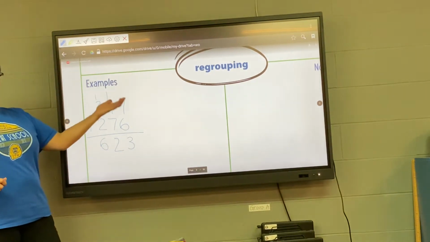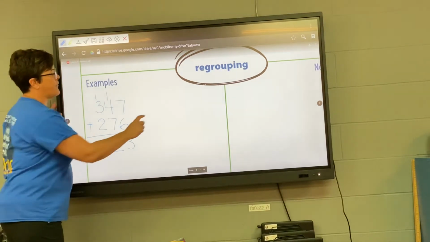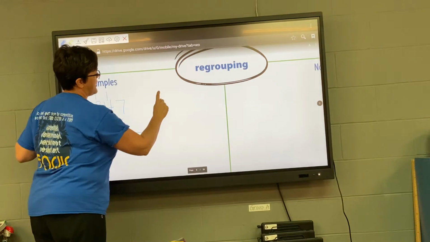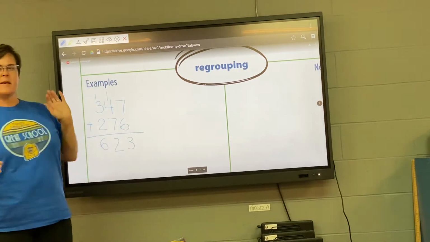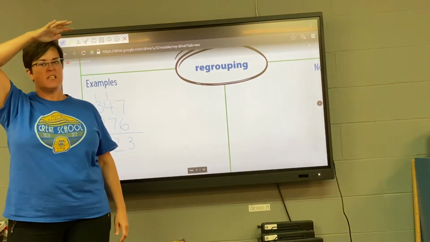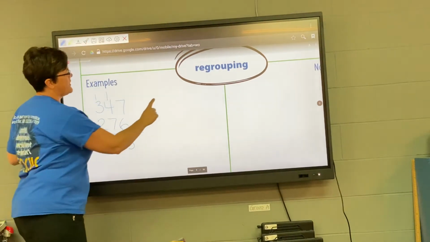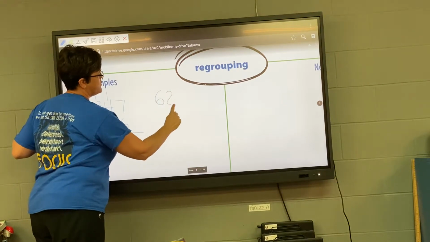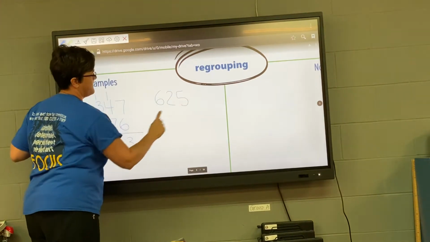Okay, let's do a standard algorithm of regrouping using subtraction. Does my larger number need to be on the top when I subtract? Yes. So let's go with a bigger number like 625.